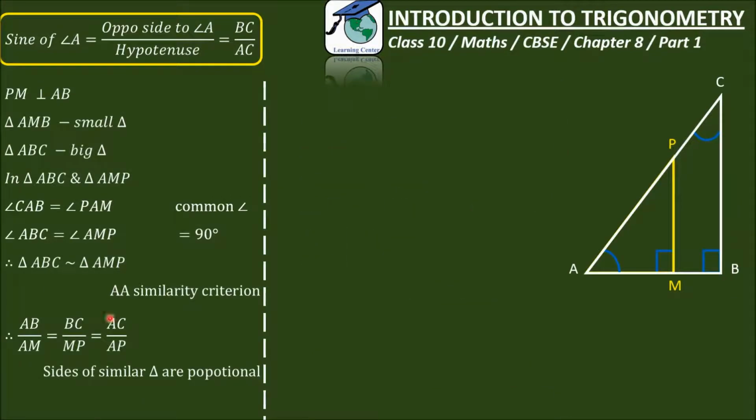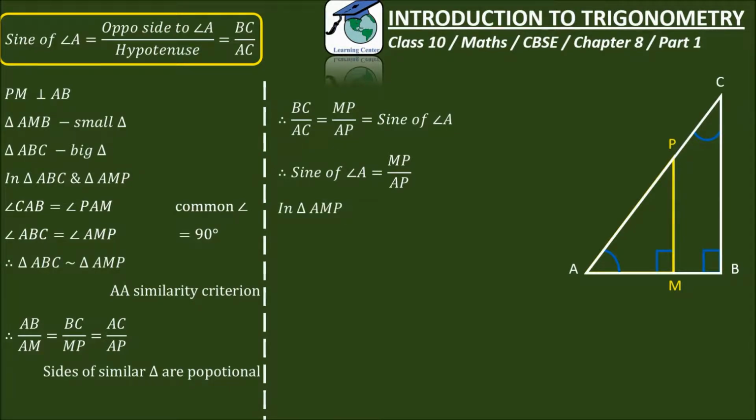Now look here, I can take this AC down and MP up, so it will become BC upon AC is equal to MP upon AP. But what is BC upon AC? Look here, BC upon AC is nothing but sine of angle A. So this is also equal to sine of angle A. Therefore, sine of angle A is also equal to MP upon AP. Now look in this small triangle AMP.